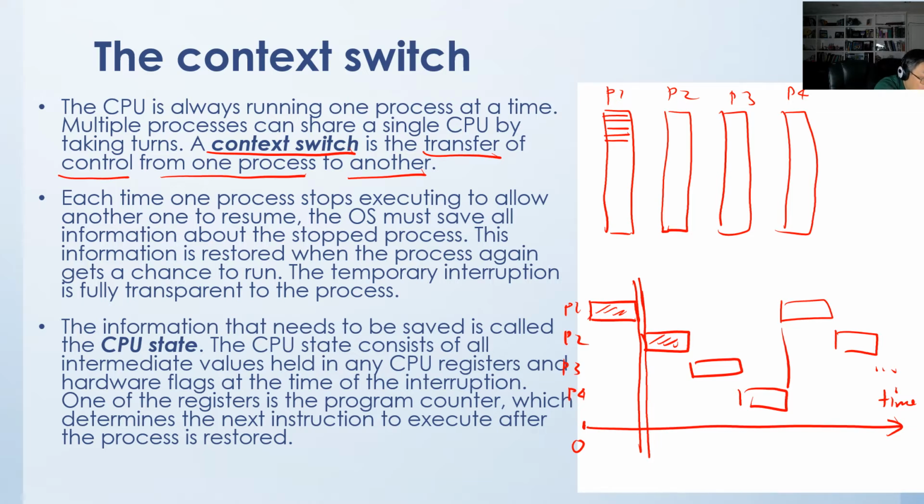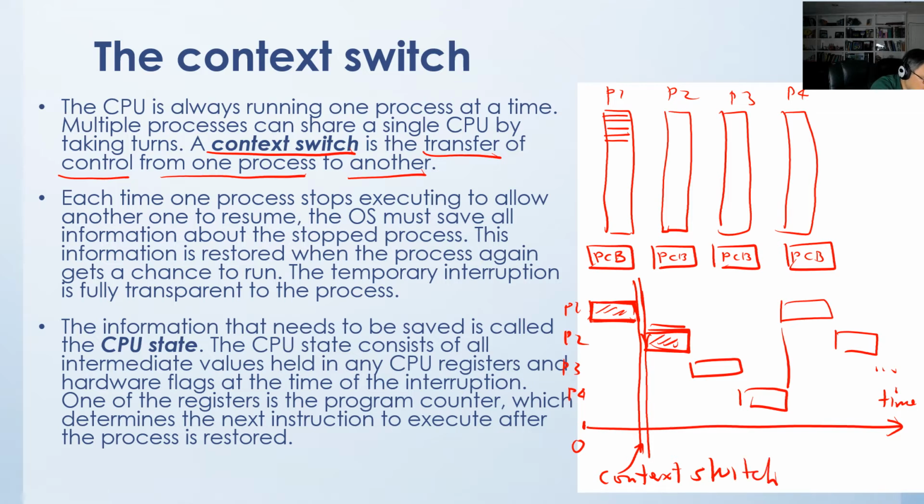Once a process is created, there's a data structure, if you remember, called a process control block, PCB. When the CPU switches from one process to another, say from process 1 to process 2, that's called a context switch.